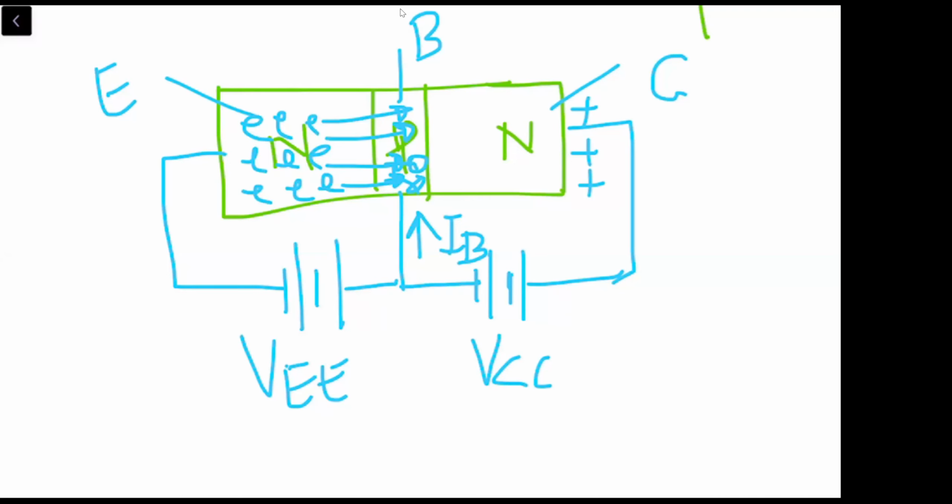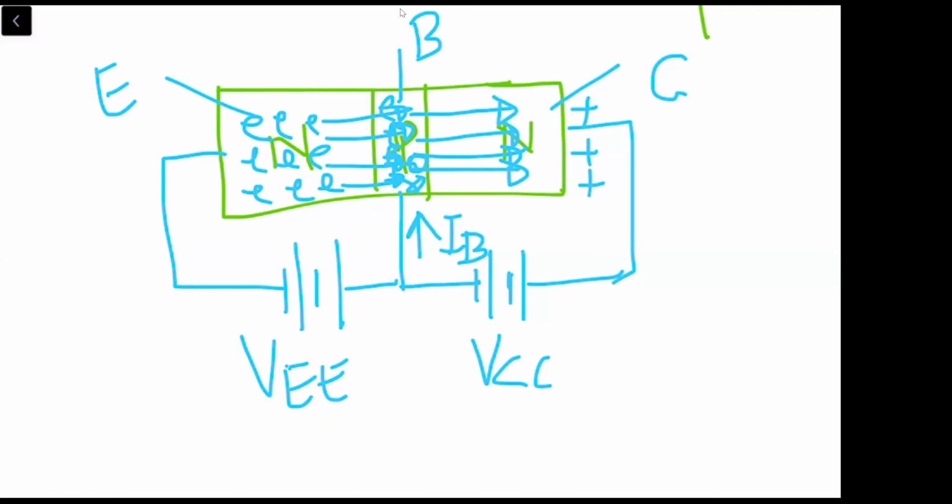Now we have plenty of free electrons in the base, and as we are applying positive potential at the collector, these free electrons at the base will pass the base collector junction and be collected at the collector of the transistor, right?